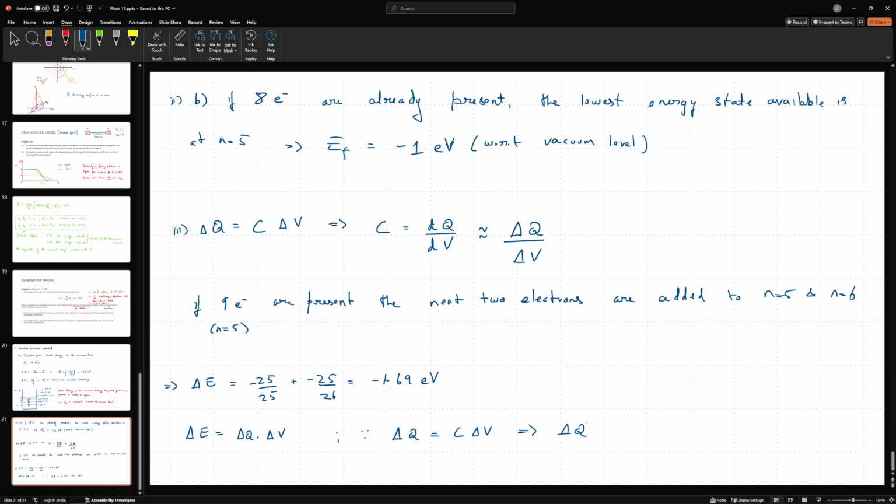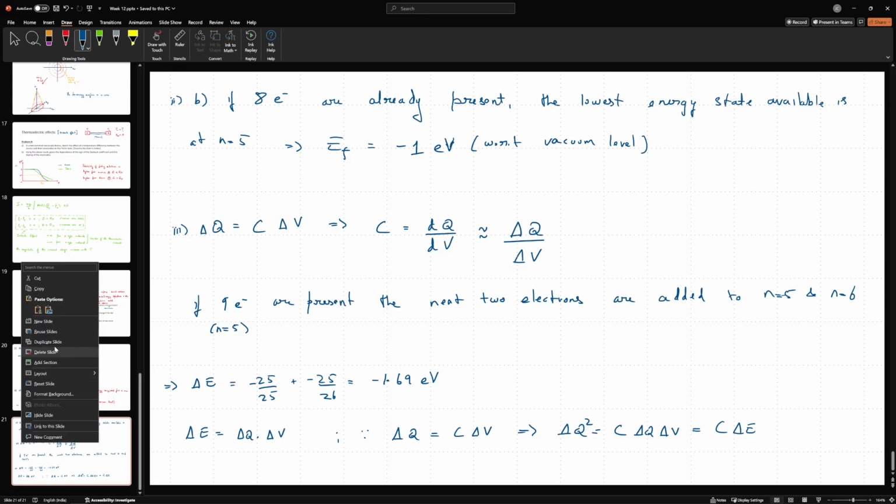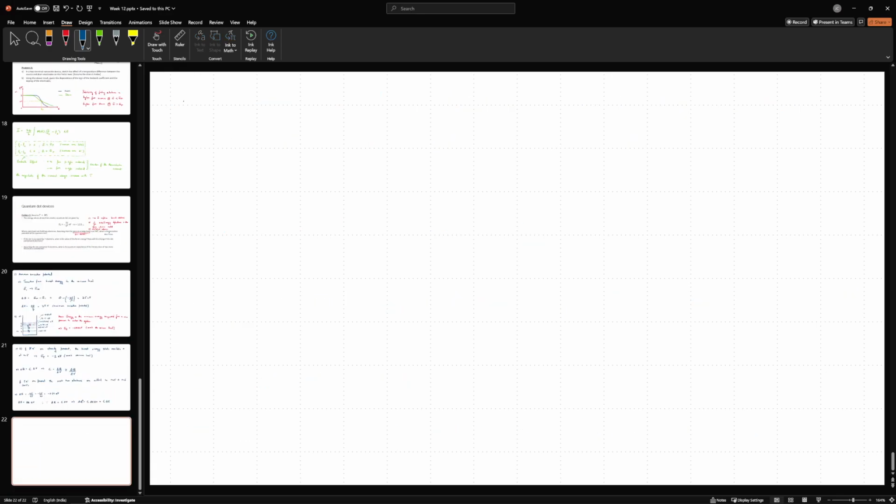So delta Q squared is C times delta Q times delta V, which is equal to C times delta E. From this, we get our ultimate expression: C quantum, the quantum capacitance, is equal to delta Q squared divided by delta E.